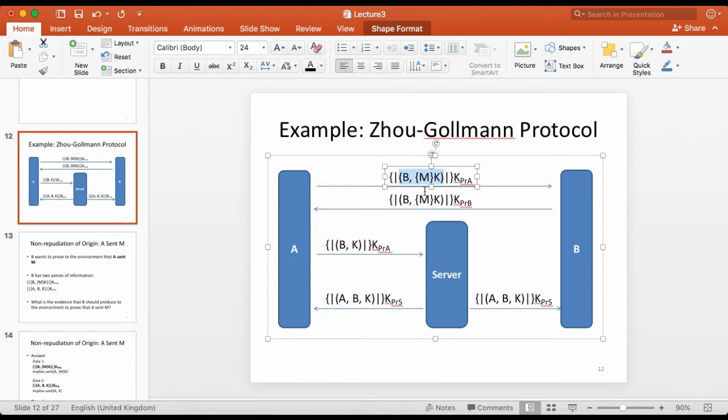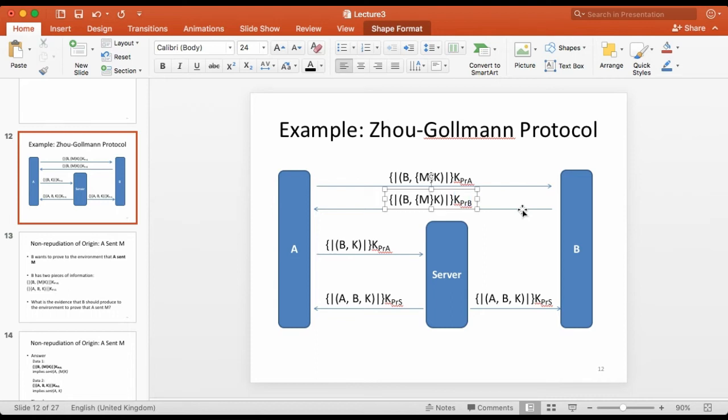So B, all that it does here in the second message, is take that content and sign it itself using its own private key KPRB. When it performs the signature, it then sends the whole signed message back to A, and A, of course, naturally will look in the public directory for B's public key, called KPBB, and it will use that public key to validate this signature.